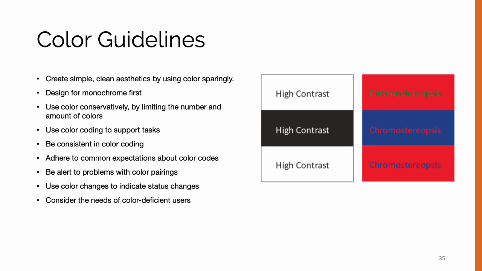I tend to use color pretty sparingly, but because I use it sparingly, when I do use it, it has great effect. I tend to design for monochrome first. I'm consistent in color coding. I try to adhere to common expectations about color codes. People tend to have different kinds of beliefs about what different colors represent, and I try to adhere to those.